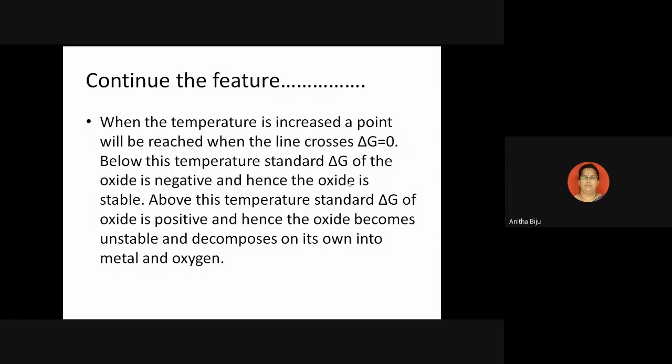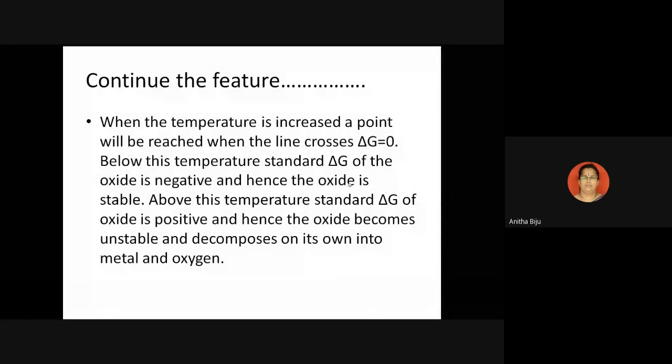Significant in the sense that below this temperature, the standard free energy change, delta G naught, is negative. You know that when we make a PowerPoint presentation, subscript and superscript are very difficult to introduce.